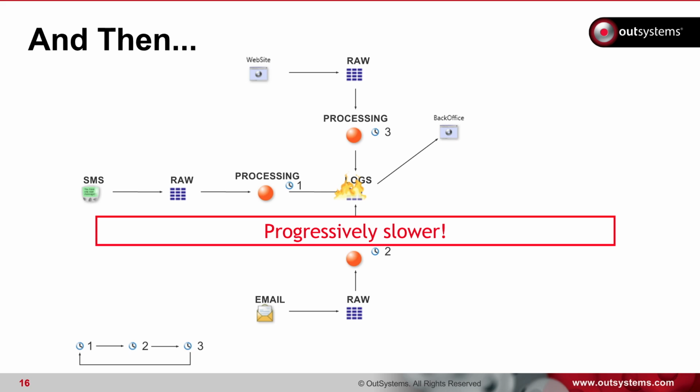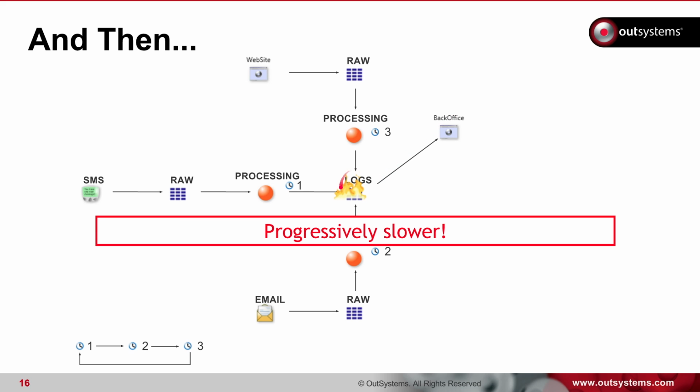But as the logs database is getting bigger and bigger and bigger, inserting new records there is getting slower and slower and slower. So how do we solve this now? Well, truth is that when you look at the back office, you really don't care about data that is a month old, a year old, unless for very rare occasions.